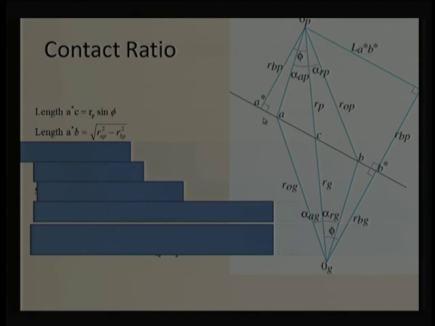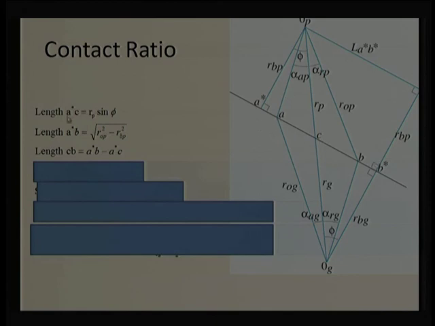By subtracting this, we can figure out what will be the A star B. So, the length A star B is the square root of ROP square minus RBP square.